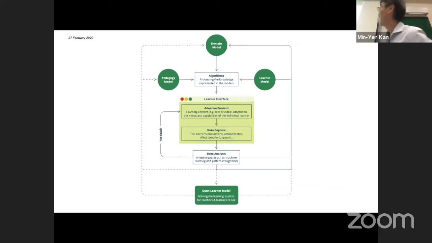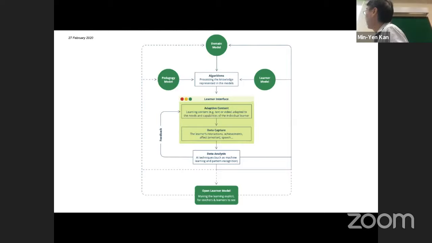Okay. So this is another view of the architecture. You have the domain model, learner model, pedagogy, and then you have algorithms to process the knowledge presented in the models. What do you choose from the domain model?